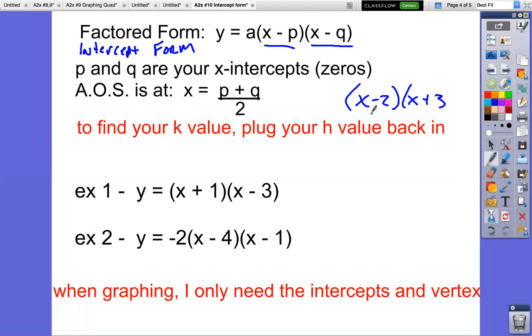You still have to change your signs. My solutions, my zeros, or my intercepts, there's a bunch of different words that are interchangeable, but my intercepts or zeros are always the opposite. Remember, it's what value of x makes the entire quantity equal 0. So that's why you change the sign.